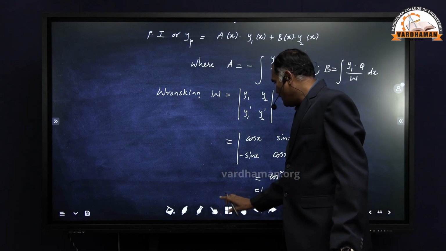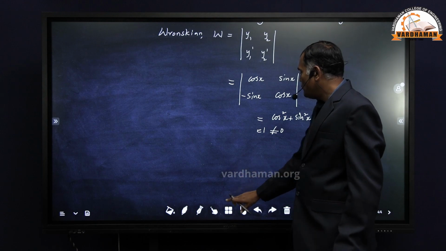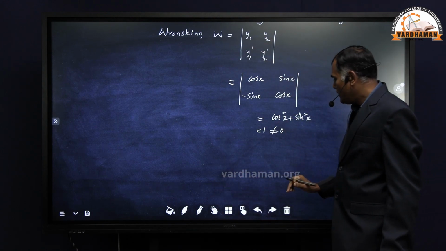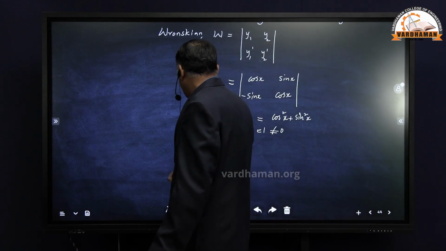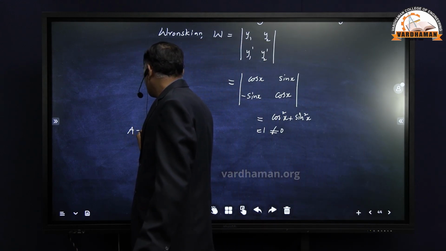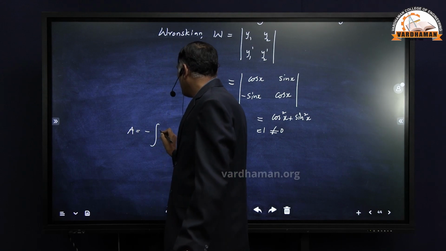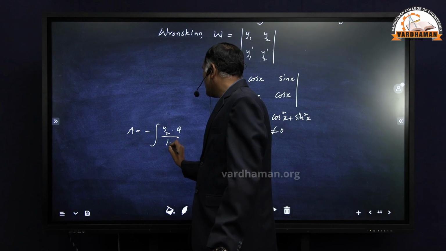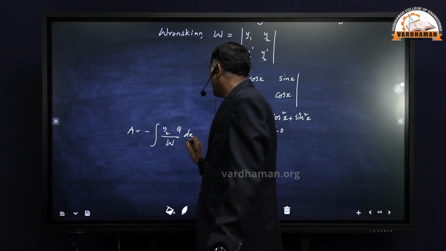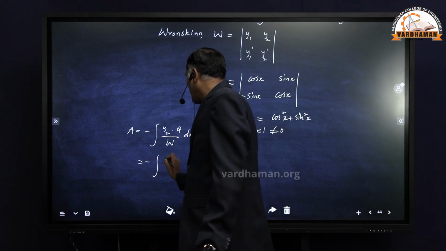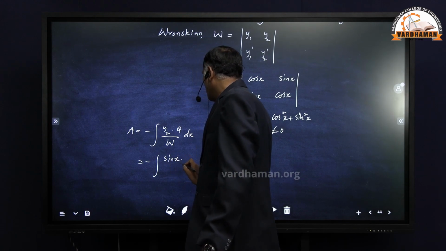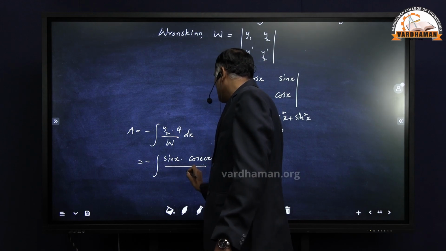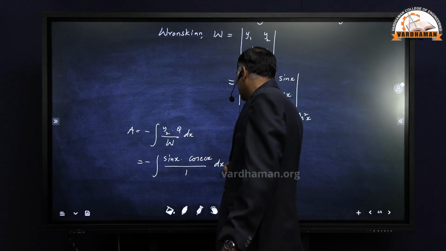So this is the way to find the Wronskian. The Wronskian is clearly a non-zero number. Let us find a and b. A is given by minus integral y2 into Q by W dx. y2 is nothing but sin x, Q is nothing but cosecant x, divided by 1, dx.